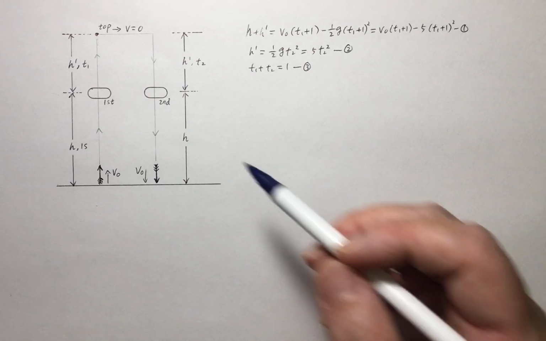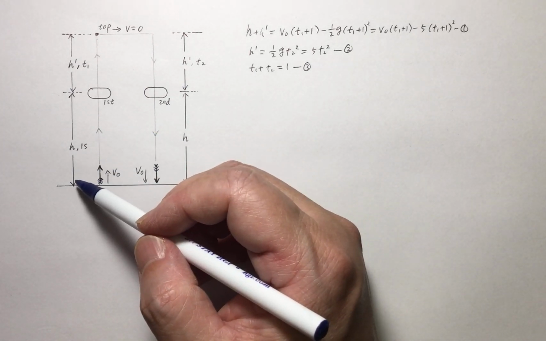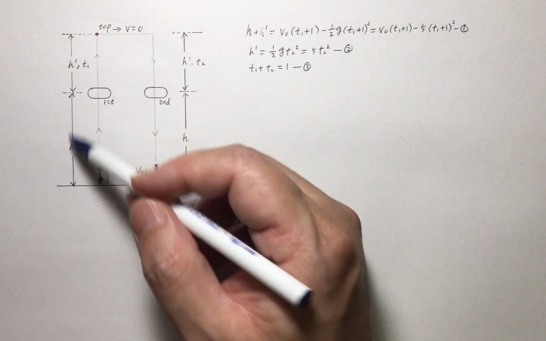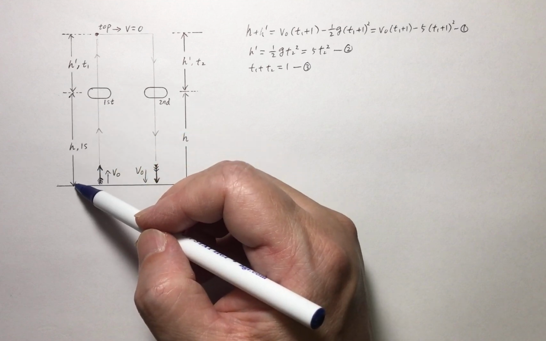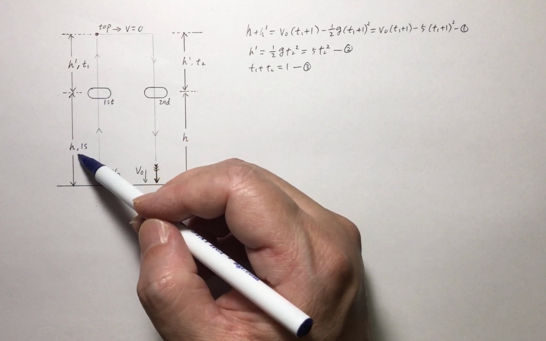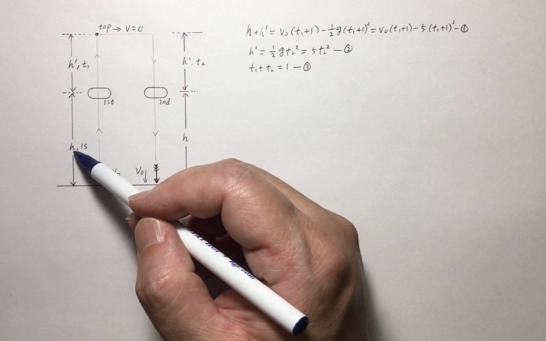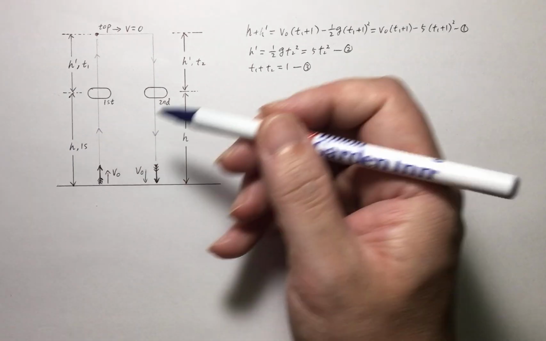Now let's look at this part, h. When the arrow goes from the ground to the first loop, the distance is h and the time it takes is 1 second.